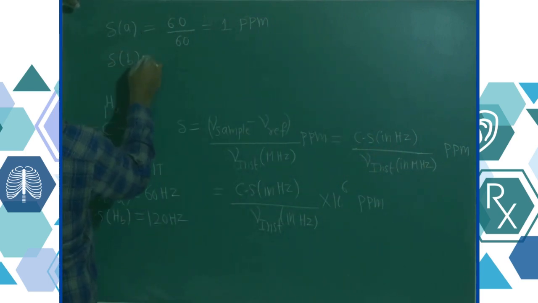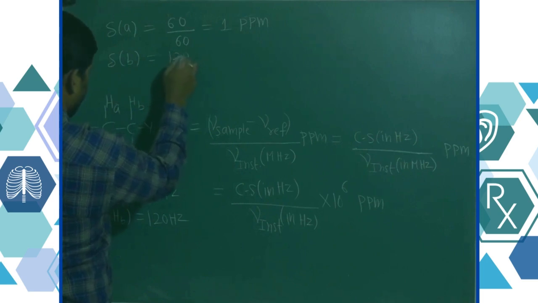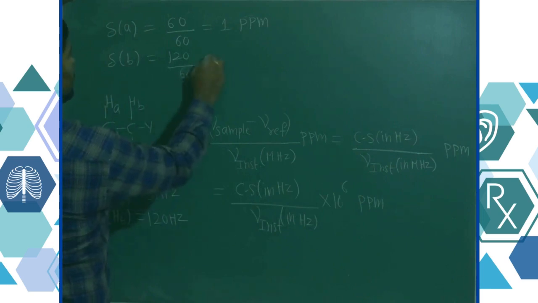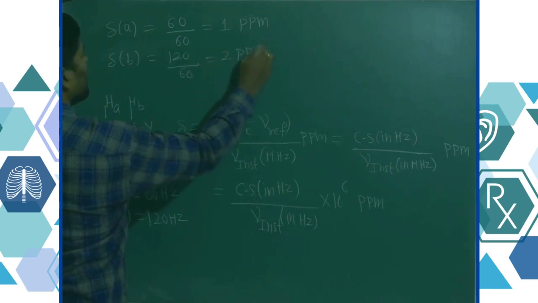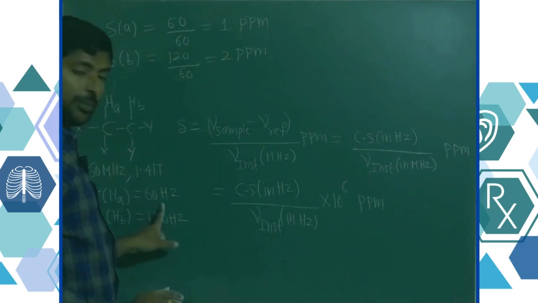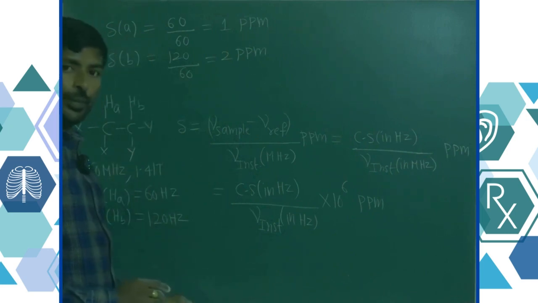Now for B, chemical shift in hertz is 120, and the instrument frequency is the same 60 megahertz. So we are getting 2 ppm. Chemical shift of A is 1 ppm. Chemical shift of B is 2 ppm.